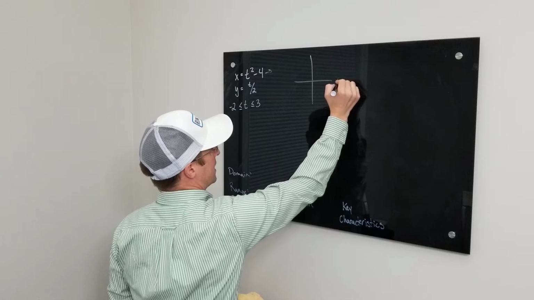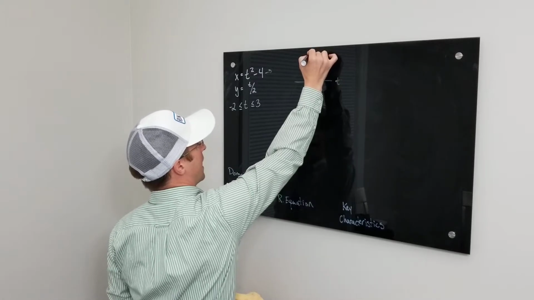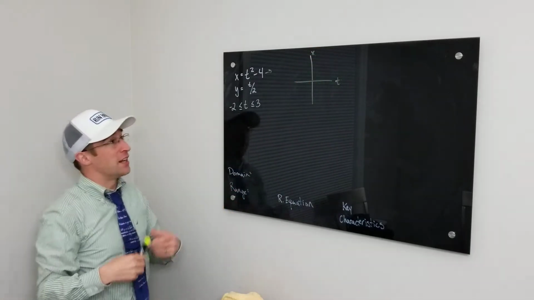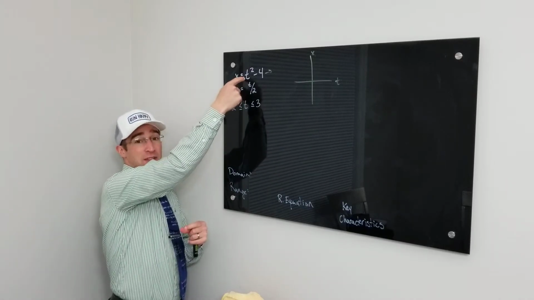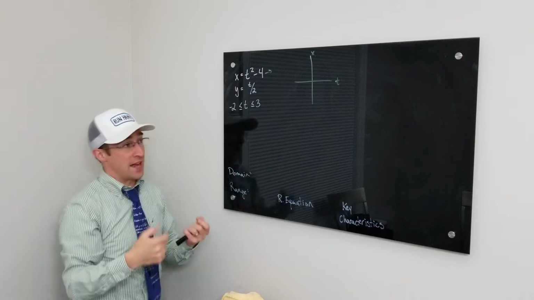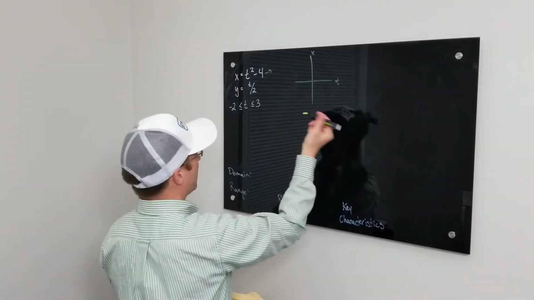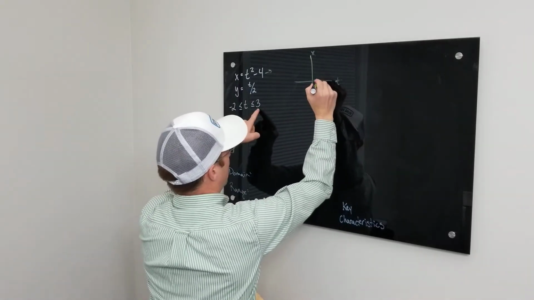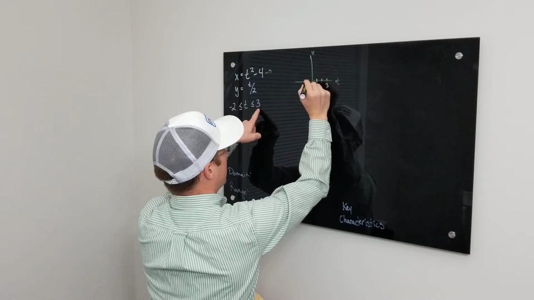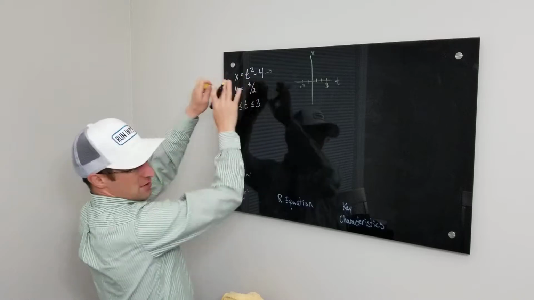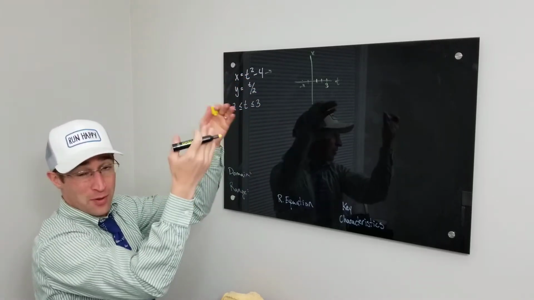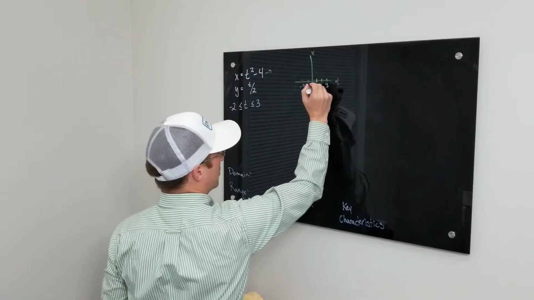Here's my t-axis, and here's my x-axis. It's kind of weird that I'm putting the x-axis vertical, but here the independent variable is t, and the dependent variable is x. So here are my inputs. We've got 1, 2, 3 for t, and -2. Now I know t squared minus 4 is a parabola with a vertex at 0, -4.